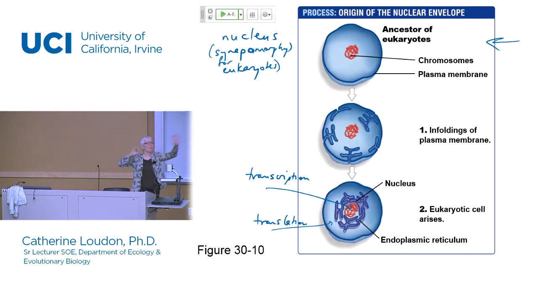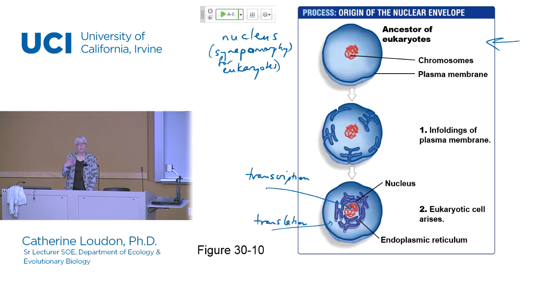If you can separate things into different compartments, you can have different conditions, and you can also have less crosstalk, less interference of components in one compartment with another if they're all safely sequestered from each other on other sides of a barrier. So you're going to see that this is a very common theme in eukaryotic cells.